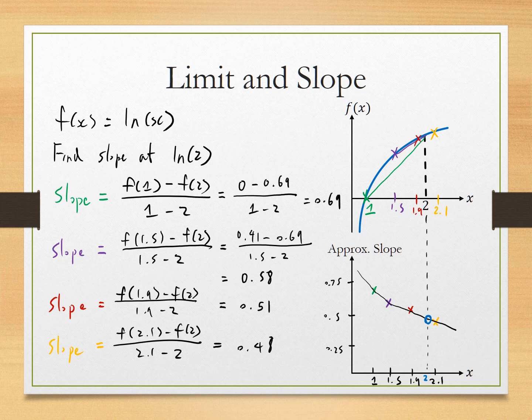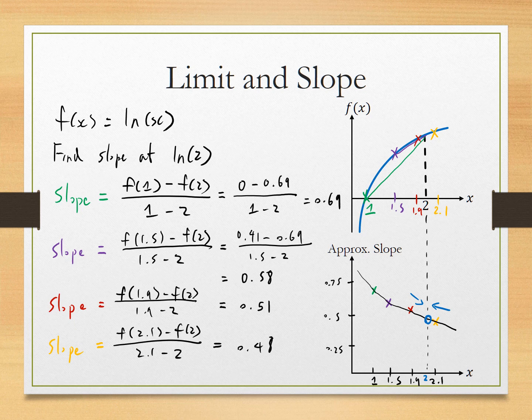And once again, I think it's reasonable to conclude that while we can't use the two-point formula to find the approximated slope at exactly 2, we can deduce that the slope is going to take on a particular value. What's the value?